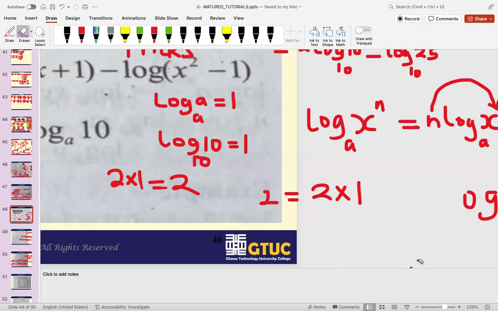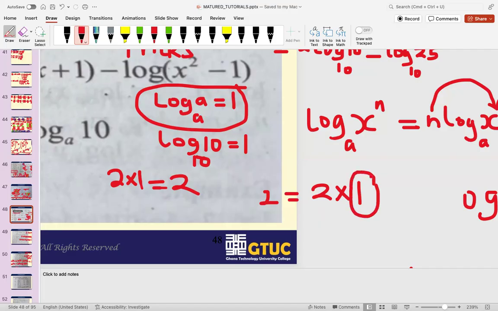Yes, sir. Very good. So then I remember that in logs, anytime you have the 2 numbers being the same, the base number and then the main number or the subject, the 2 of them are telling you that the answer for this law is 1. So the question is, if 2 equals 2 times 1, what can I change this 1 to become?